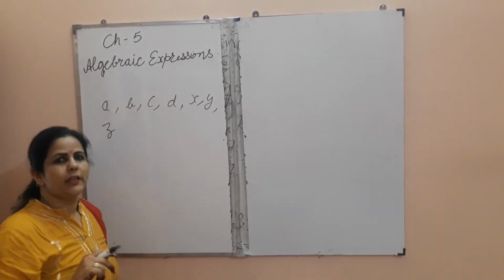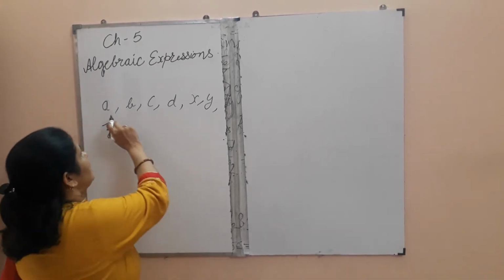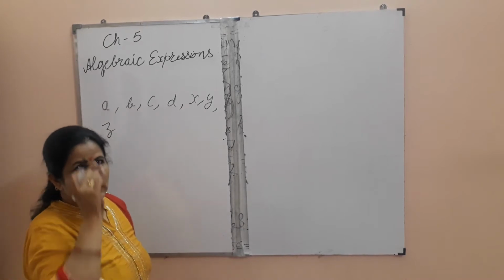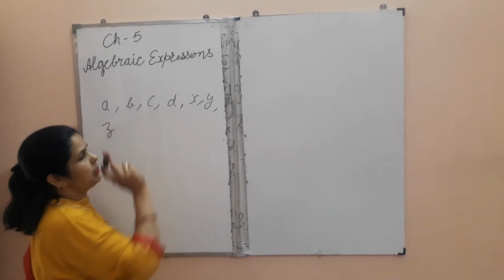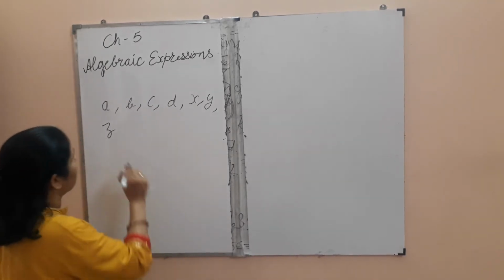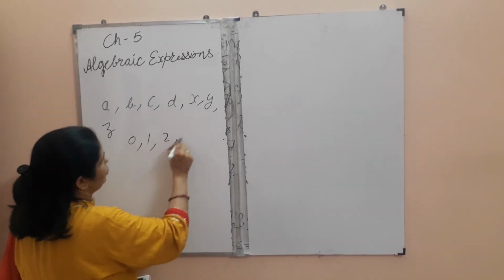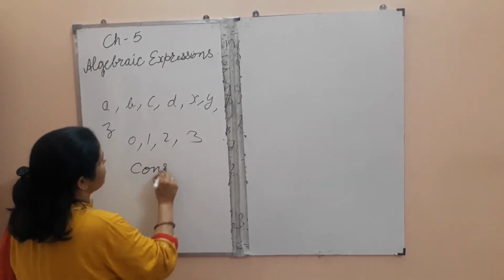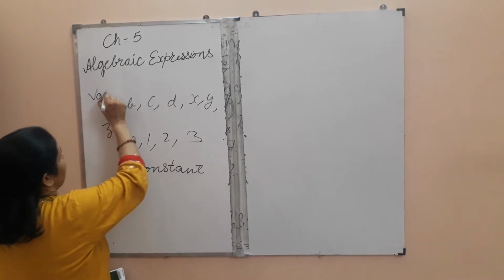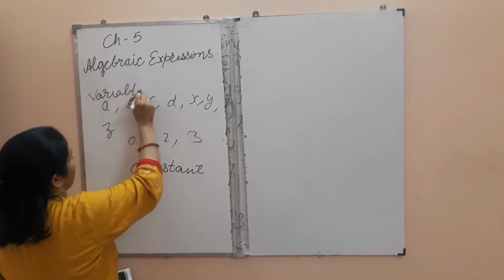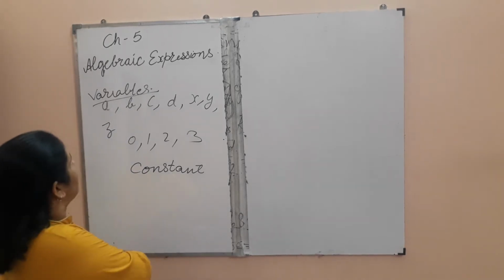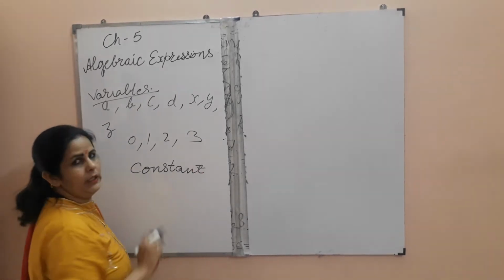Any alphabet we can use for the variables, and variables don't have a fixed value. The values of the variables vary, and numbers like 0, 1, 2, 3 we call constants, and they have a fixed value.